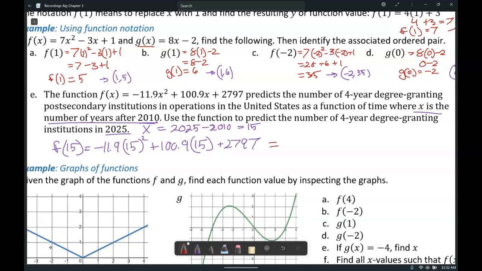We plug all of that into our calculator to evaluate, and we get 1,633. So we will have 1,633 four-year degree-granting institutions in the year 2025.